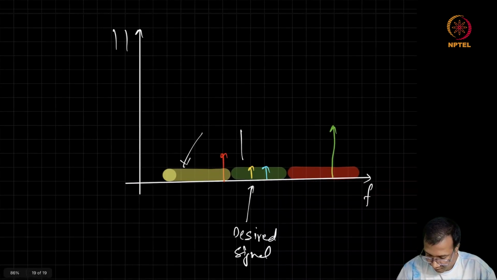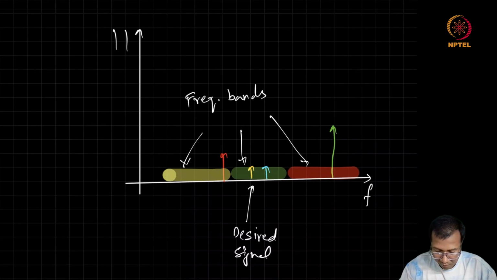These are the frequency bands. For example, when we are talking about cellular signal, it is possible that one band may be assigned to one operator and another band is assigned to another operator.